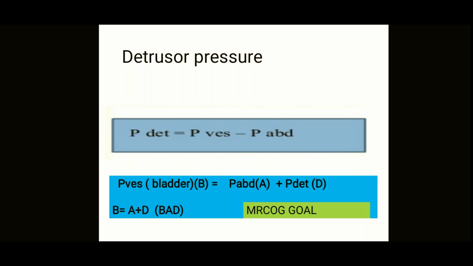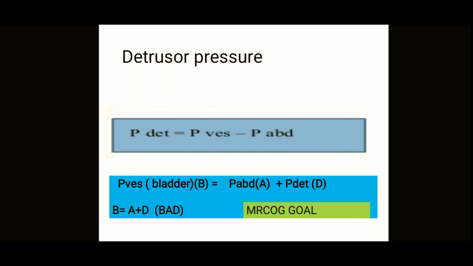Now, it's easy to remember when you are reading it, but you forget it within 24 hours. That actually used to happen with me, and that is why I made a formula. There are different formulas that different people tell. Mine is, I think, that the bladder pressure is actually the pressure of the abdomen plus the pressure of the detrusor.